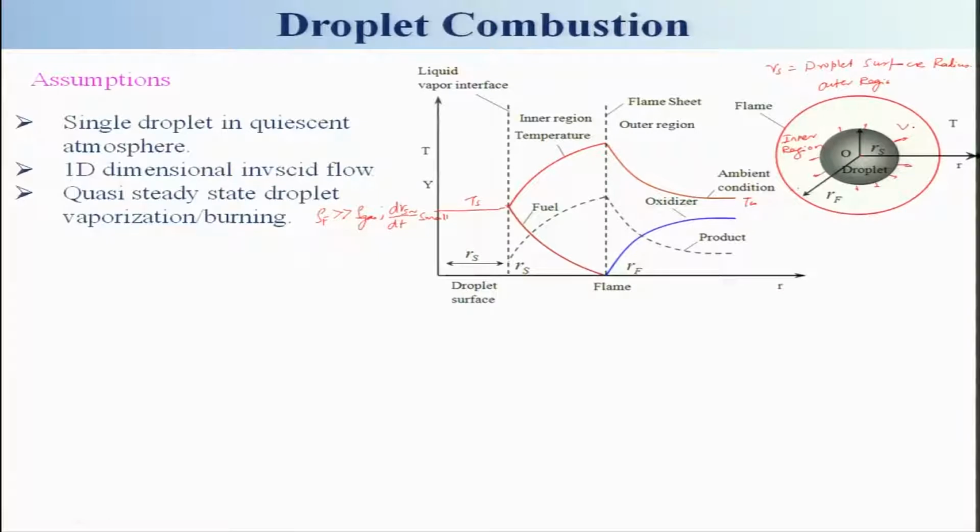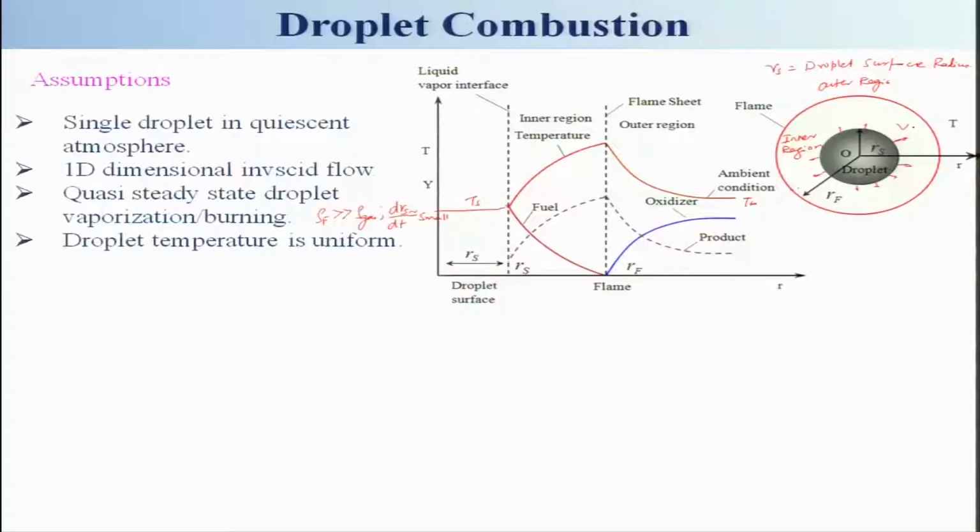So it will be almost steady, quasi steady. We can't say it is a steady process, because the droplet size is decreasing as the burning takes place. That decrease of droplet size is quite small with respect to time as compared to the velocity with which the gas will be moving.